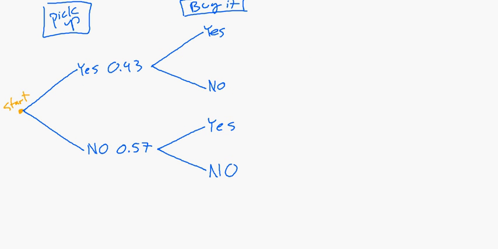Quick, let's go to the tree. Yes, they picked it up. 82% bought it. Well, if 82% bought it, what percentage didn't buy it who also picked it up? Well, again, it would be the balance. So that would be 18. All right, let's go back.